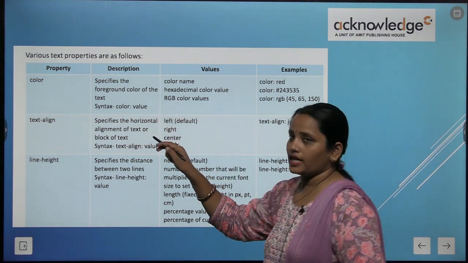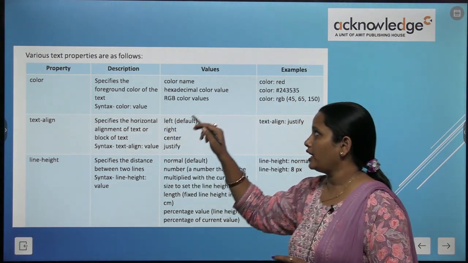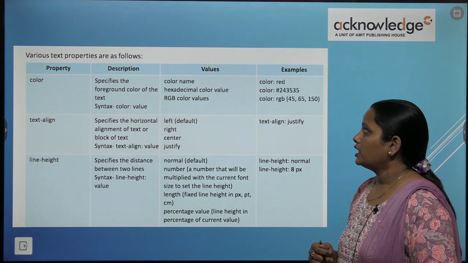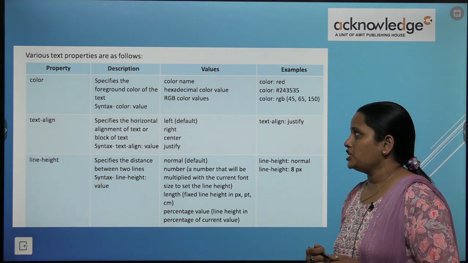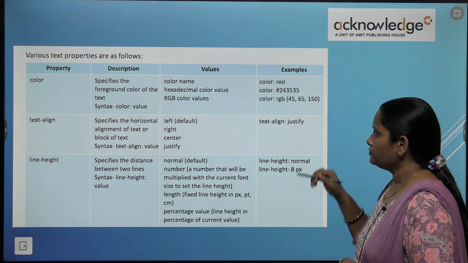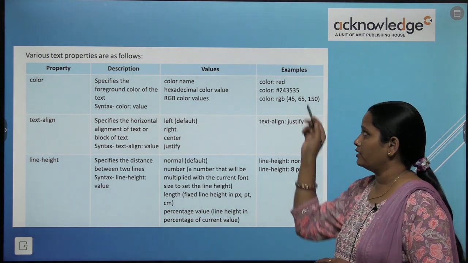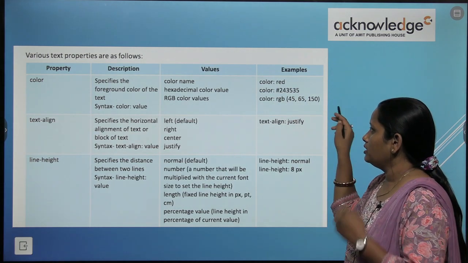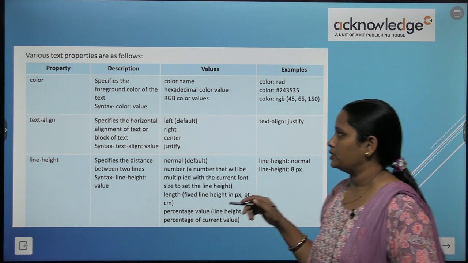So इसका syntax ये है, ये हमें write down करना है. Next is values: color name, hexadecimal color value and RGB color values. These are the values. Next the example is given in front of us. Color can be red and color can be according to the given examples.